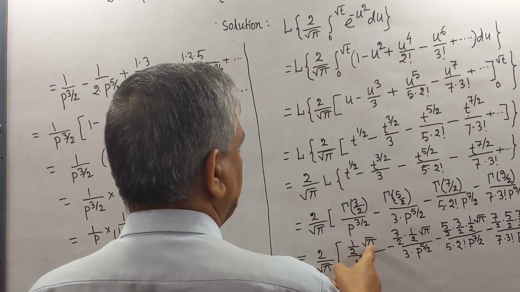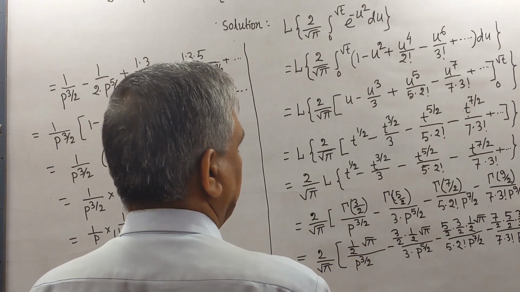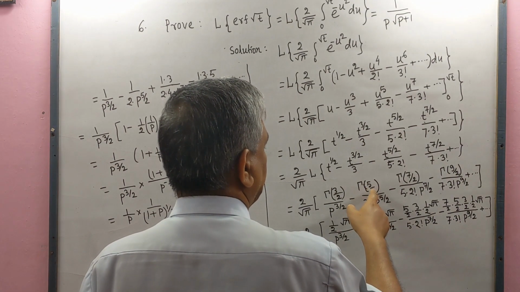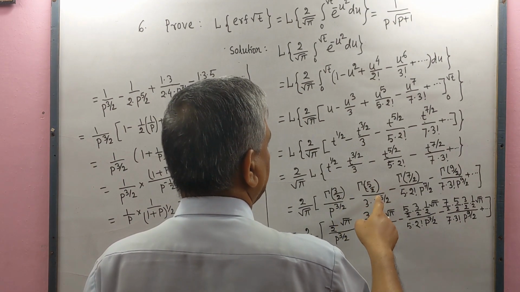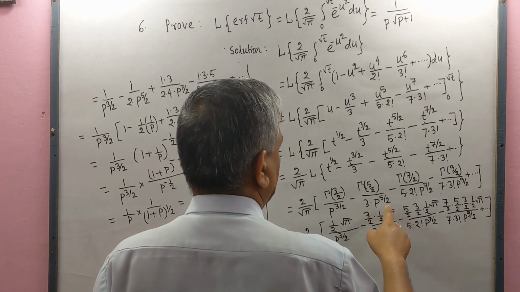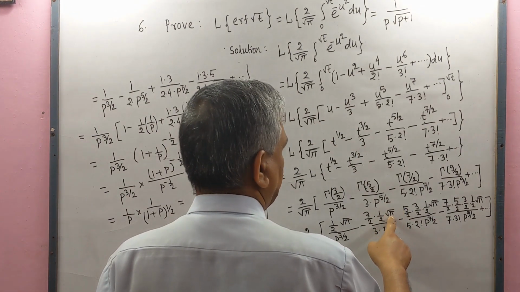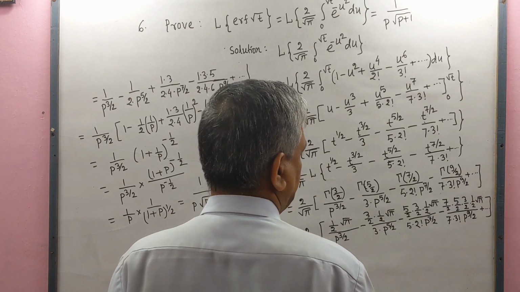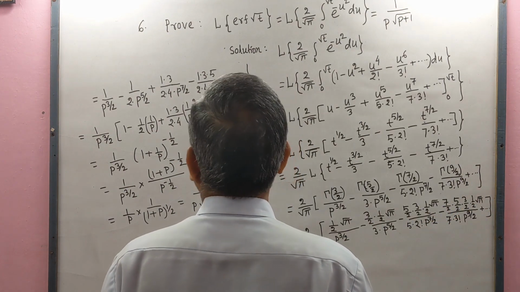The value of gamma function half is root pi. The value of gamma function 5 by 2 is 3 by 2 into half into gamma function half, that is 3 by 4 root pi. In this way, the remaining are solved.